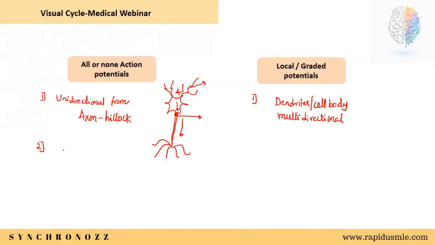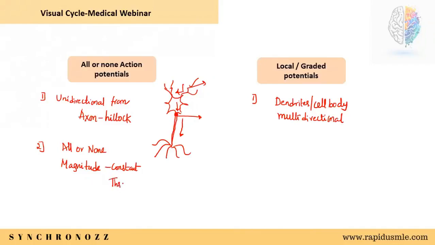The second difference is it is all or none when it comes to magnitude. So magnitude is constant. Let us try to activate a nerve. Until it reaches a threshold, there is a point called the threshold point for action potential.